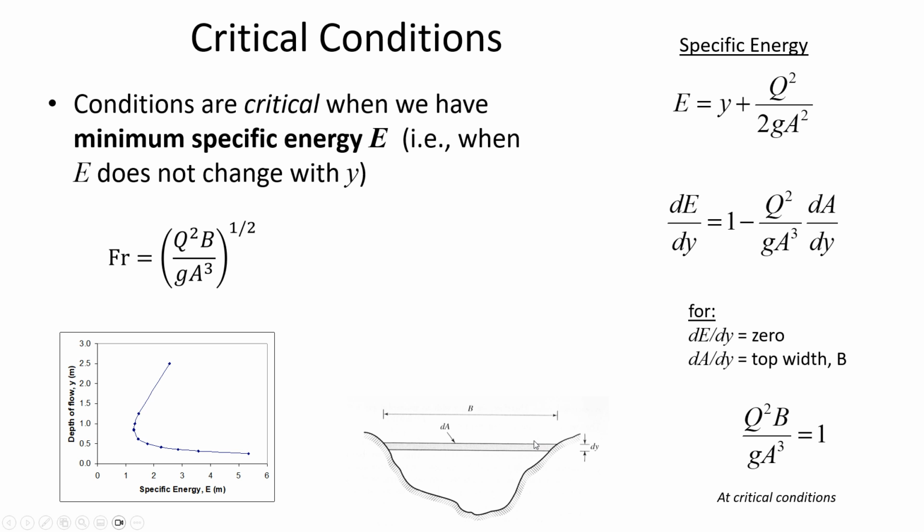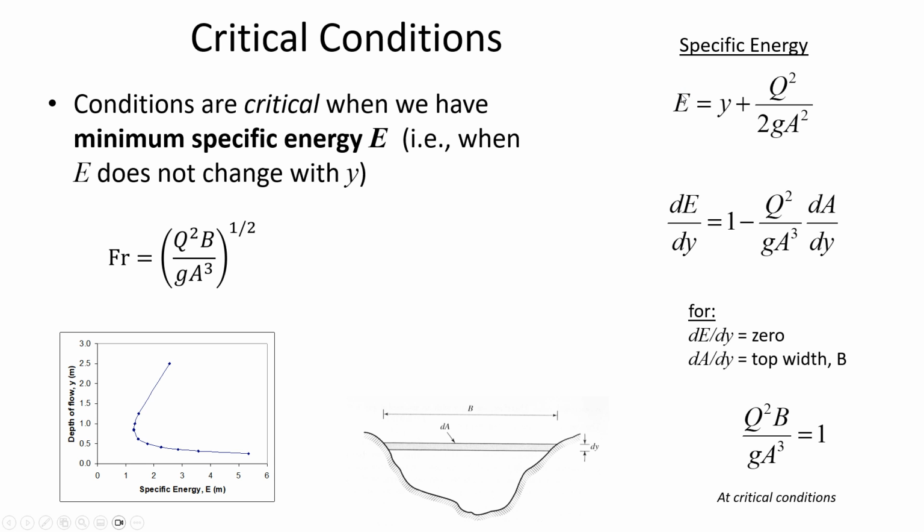So therefore, b is dA divided by dy. So this idea of the Froude number being equal to 1 under critical conditions, this expression q squared times b divided by ga cubed, is just from taking the derivative of the specific energy equation.